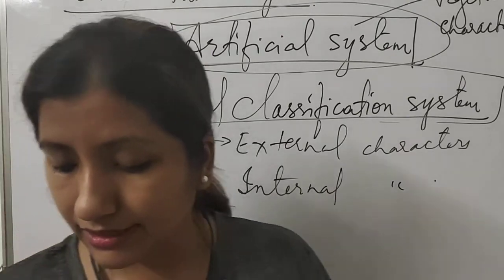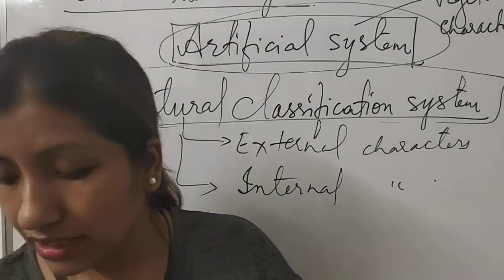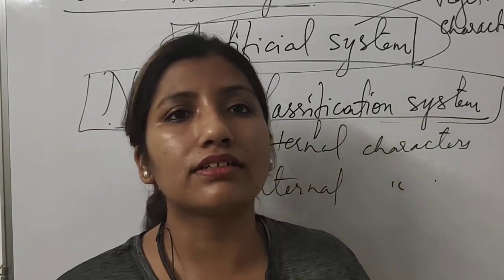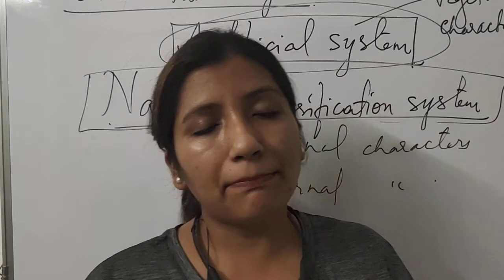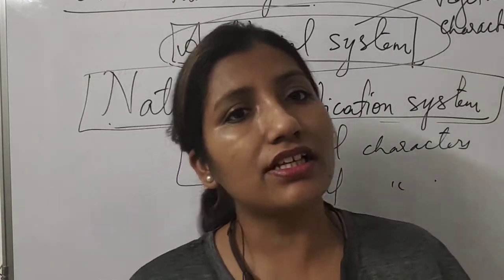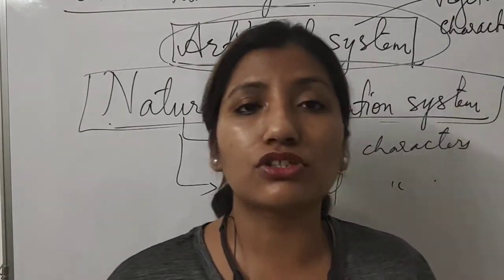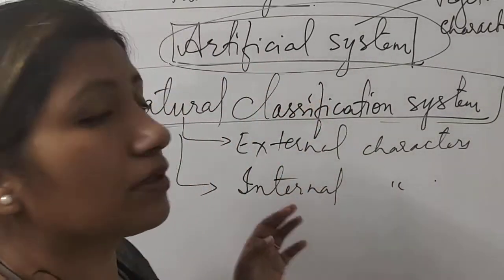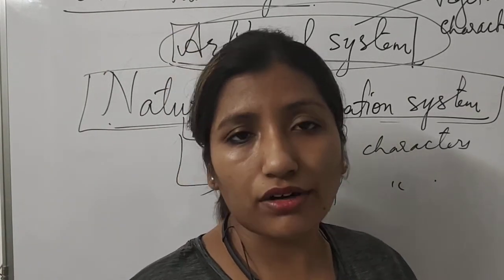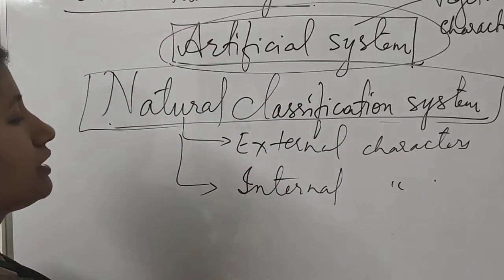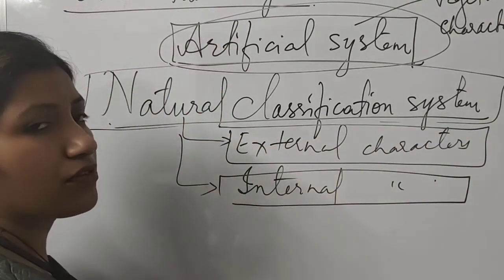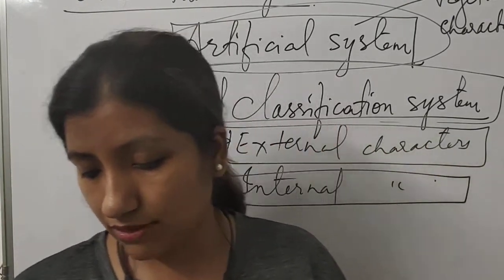Okay, external characters and internal characters too. And when you say external characters, what do we see from outside? The plant looks green, it has a stem, but when you talk about the internal characters, the vascular system comes, mesophyll cells, stomata, photosynthesis, respiration, this all comes. Okay, so the internal organs, I mean not the process but the internal organs. Okay, anatomy. So it talks about the anatomy, internal structure, internal characters. External characters are the morphological characters which we see from outside.